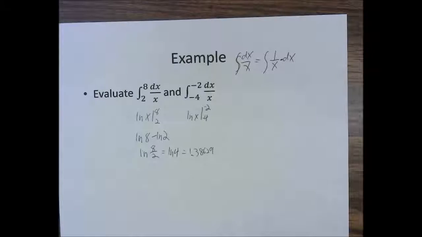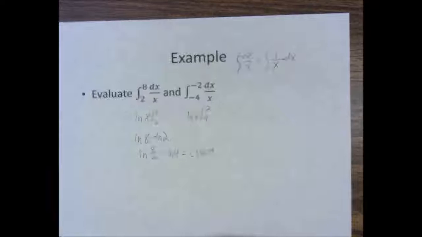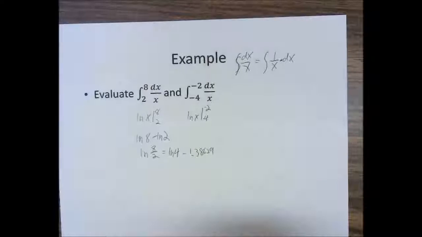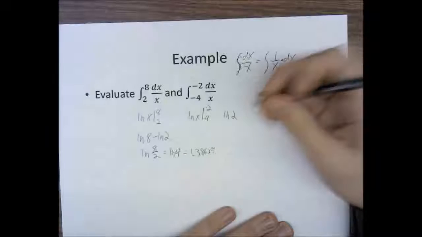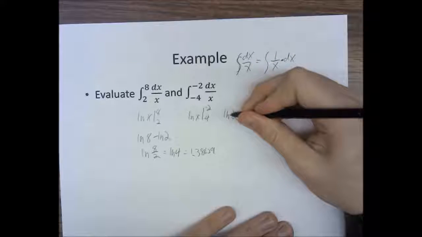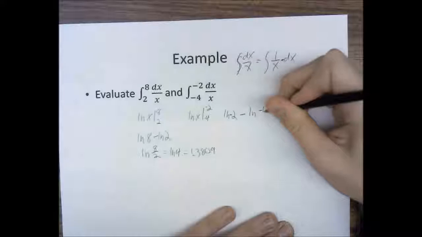So then same thing for this one right here, natural log of x from -4 to -2. So we get natural log of -2 minus natural log -4.